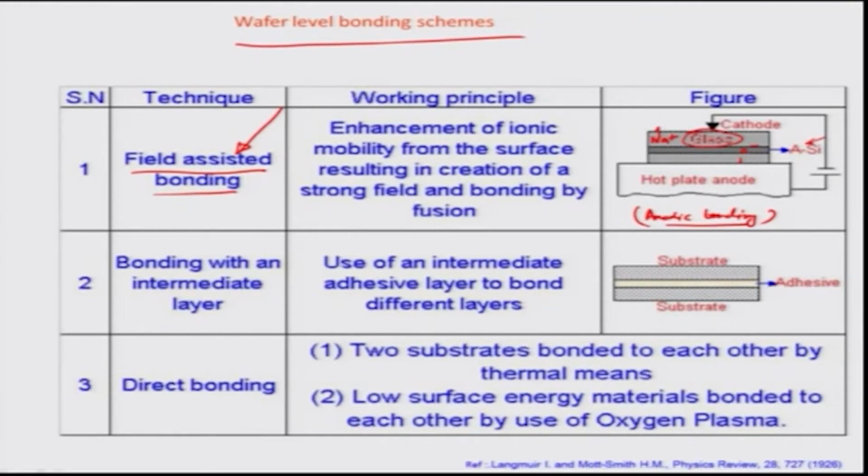So the sodium would go towards the cathode and the O minus would go towards the anode, and there would be creation of something called a depletion region. In anodic bonding, because of the migration of the positive and negative ions to the opposite electrodes, there is going to be a depletion region where there is no field.